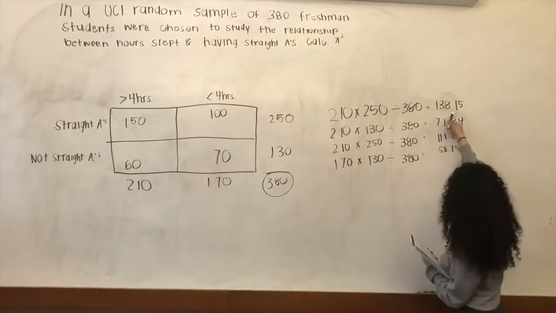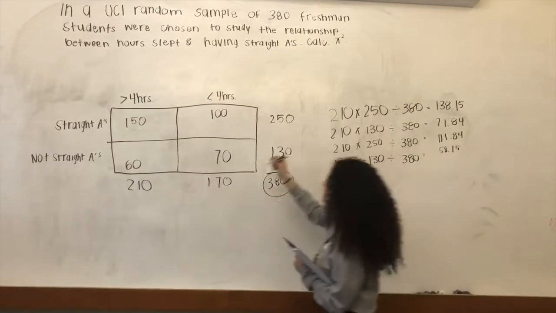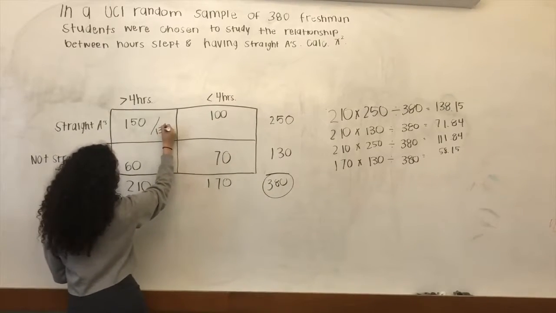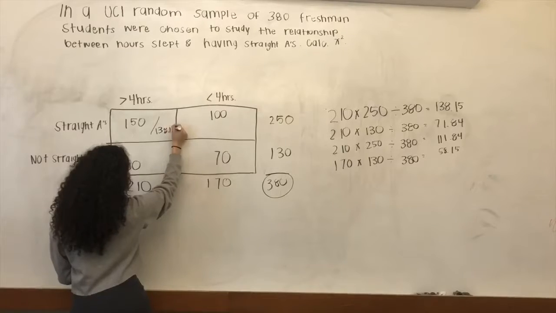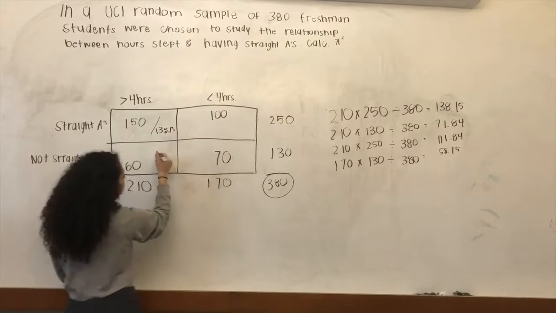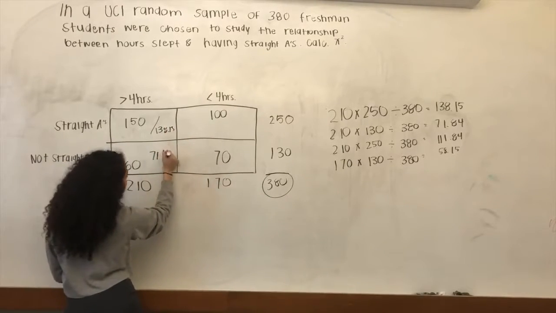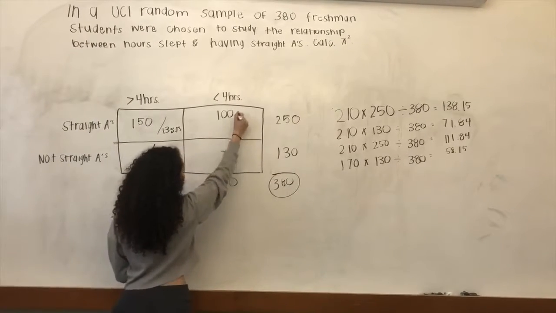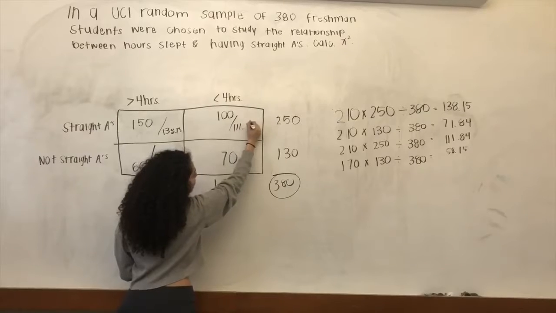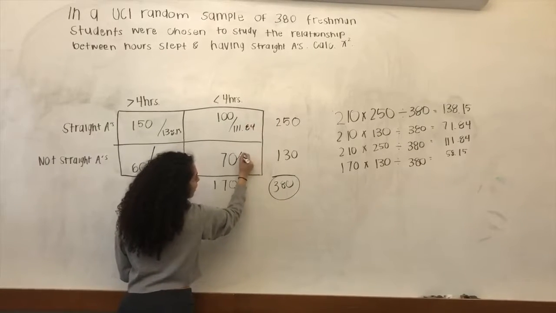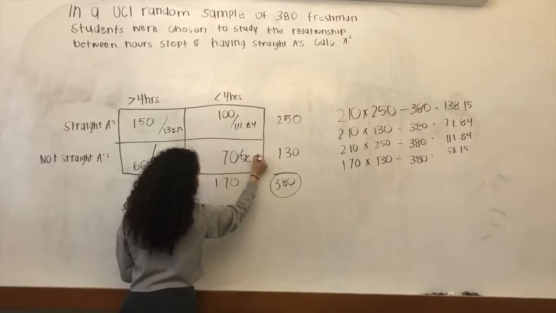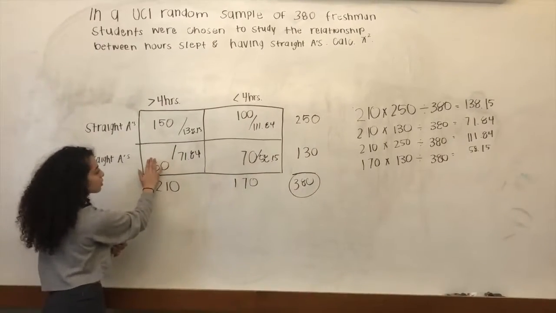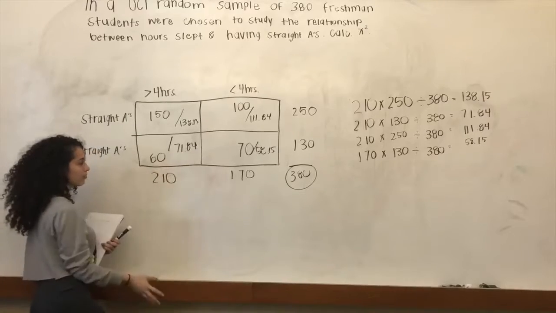For example, 138.15 goes into straight A's and more than 4 hours of sleep. And this one goes into the third equation, which is 111.84, and 58.15.